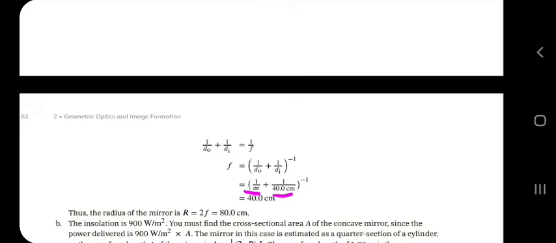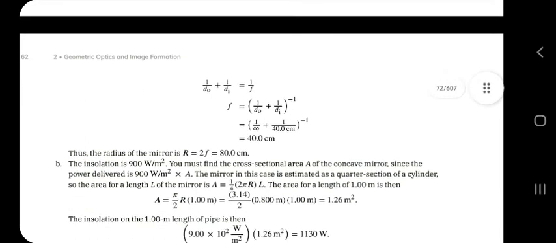So we add them, then raise to the -1 power, in which the focal length is equal to 40 cm. That is letter A. So the radius of the mirror is equal to 2 times the focal length, which equals 80 centimeters.